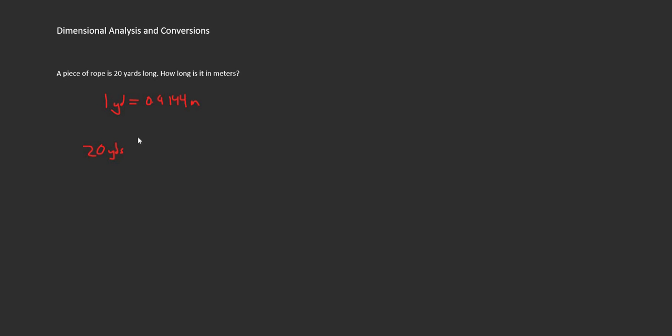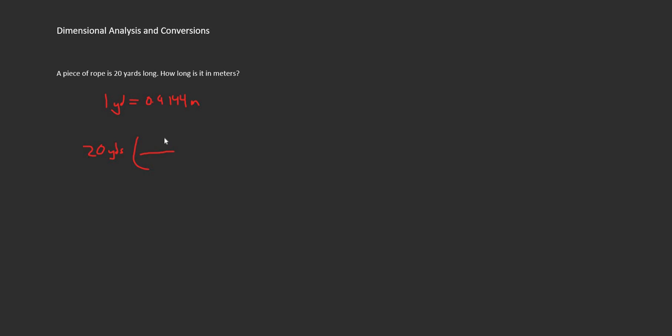So to set up the dimensional analysis, you'll take a parenthesis and you'll make it a fraction. On top, always put what you want your final answer to be, because we're going to multiply across and then divide by the bottom. Multiply the top, divide the bottom.